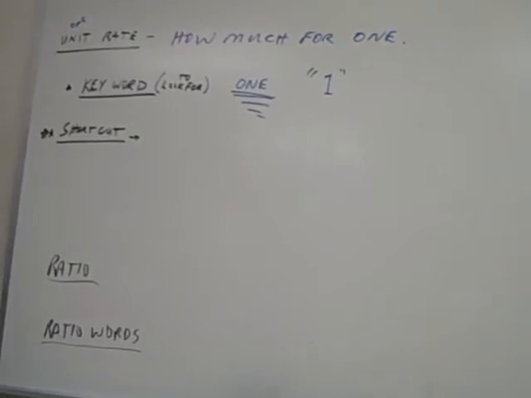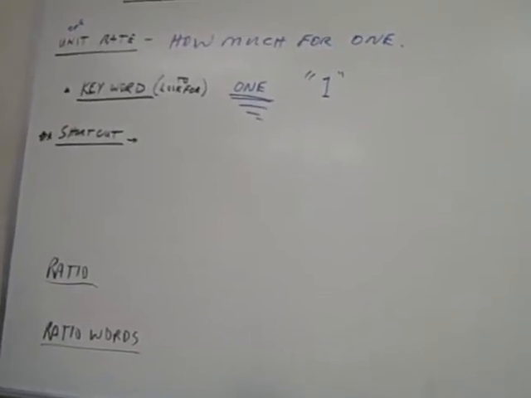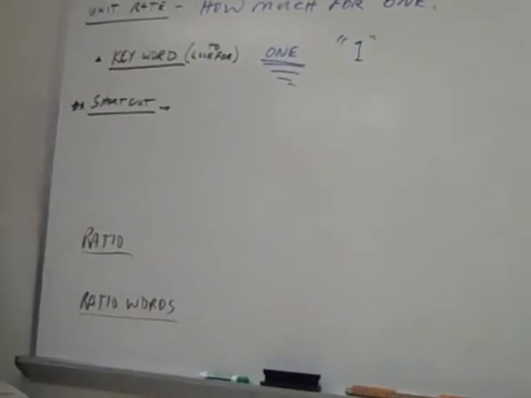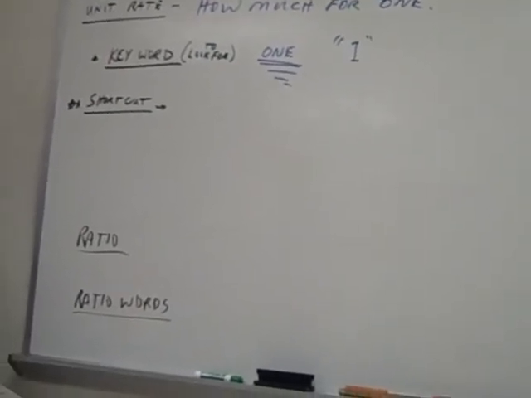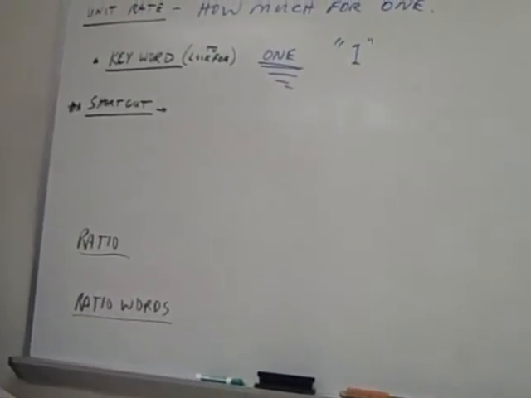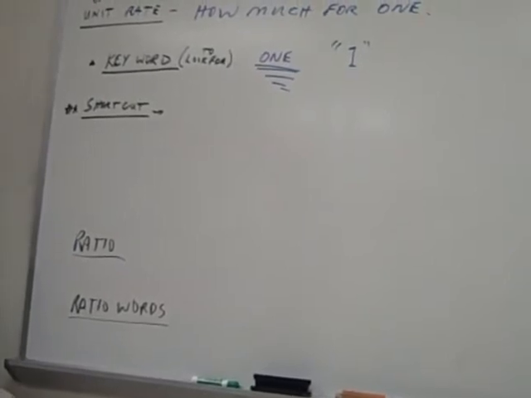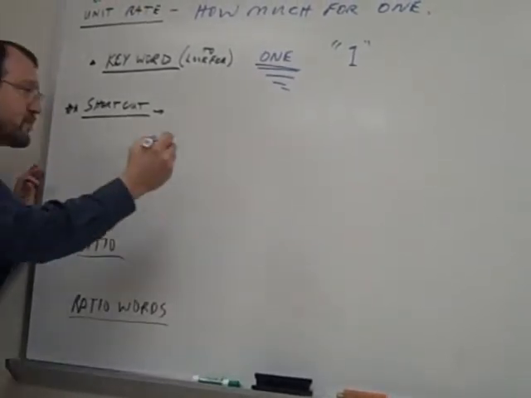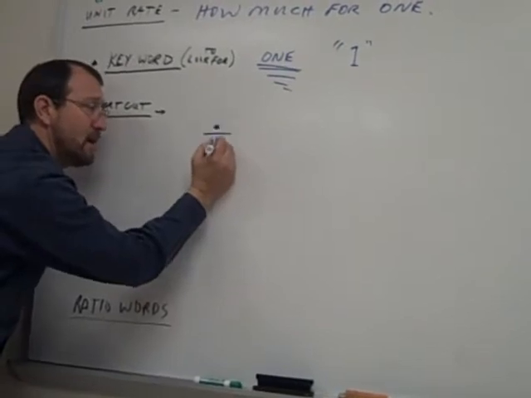Now, do you remember the shortcut or the way we did it? Once we discovered it was a unit rate problem, how did we actually do the mathematics? Divide. Okay. Something's getting divided, okay?